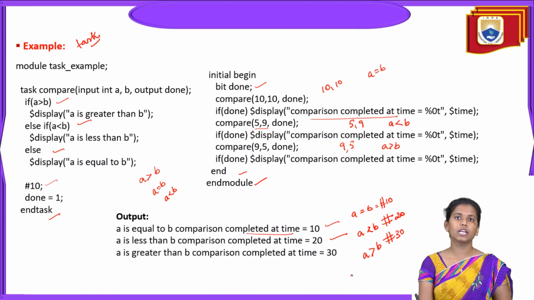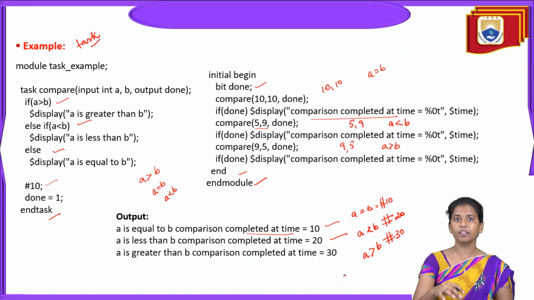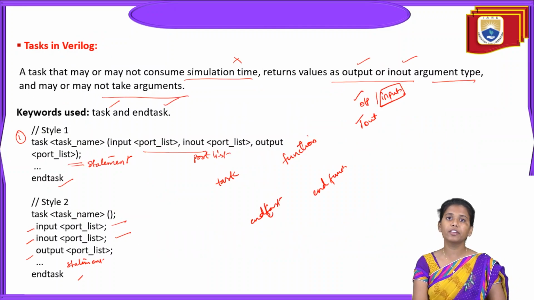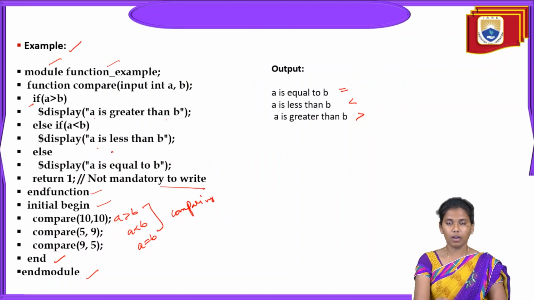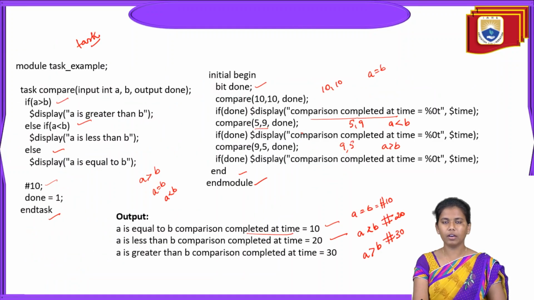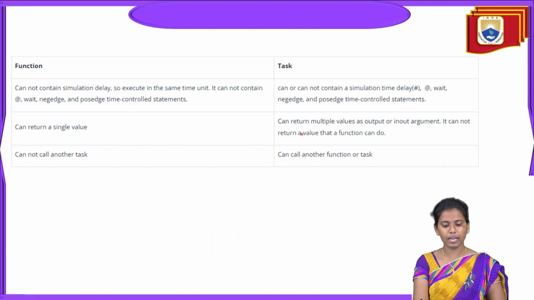So this is the output that we are going to observe if you are writing your code in terms of task. And previously we discussed that if you are writing your code in terms of functions, these are the two kinds of variations you can write, and this is how the output is observed, right? So till now we have discussed task and functions, and let's move forward.